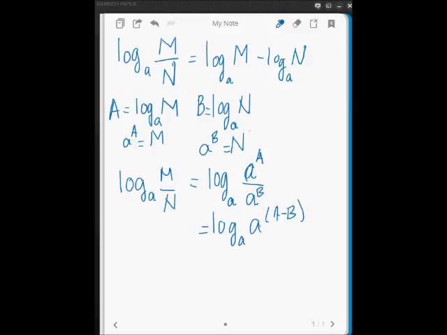If you can do the first, this one's not too bad. You just got to wrap your mind around the first one. This follows exactly the same pattern. Then you get your rule, which says that if this base and that base match, you just get A minus B here.